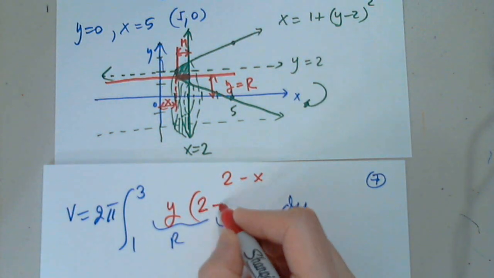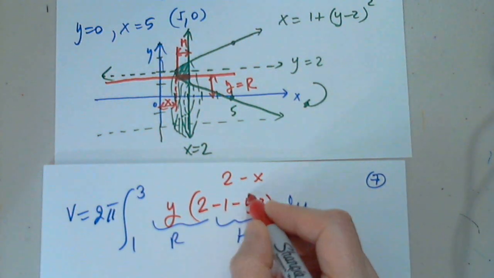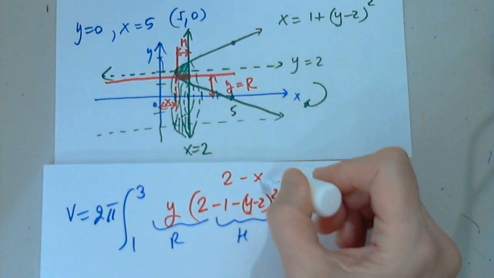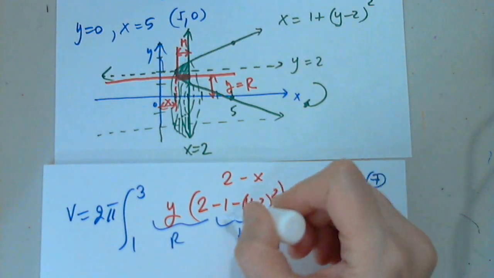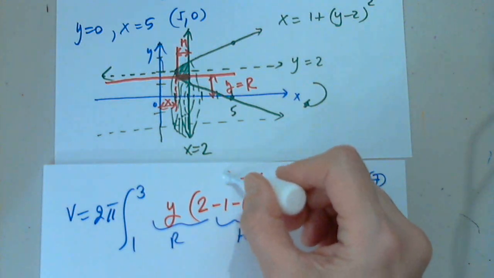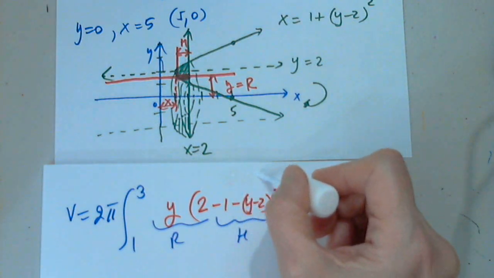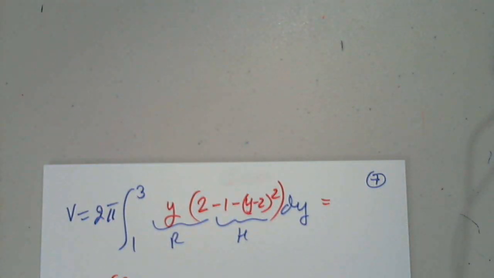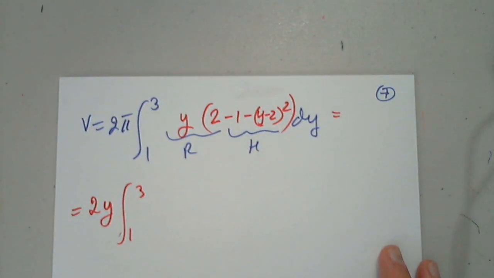So I have 2 minus (1 plus (y minus 2), everything squared). I'm going to erase this, I just don't want you to get confused. It's not 2 minus x. I have to replace x by what x equals. We cannot have x and y in the same integral. So from this point on, everything reduces to solving this definite integral.